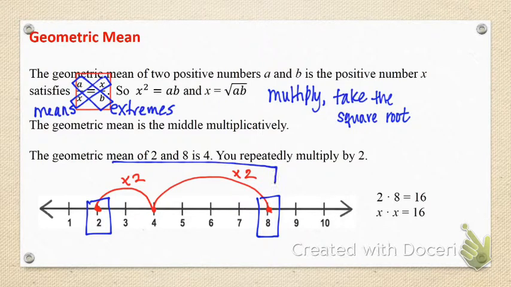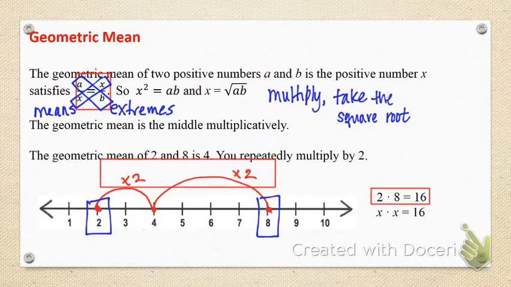In other words, instead of 3 repeatedly adding to itself, we said, well, we multiplied by 2 repeatedly. So instead of having 2 times 8 gives me 16, it's what number can repeat itself and give me 16? Well, of course, that number is 4. So the geometric mean of 2 and 8 is 4.